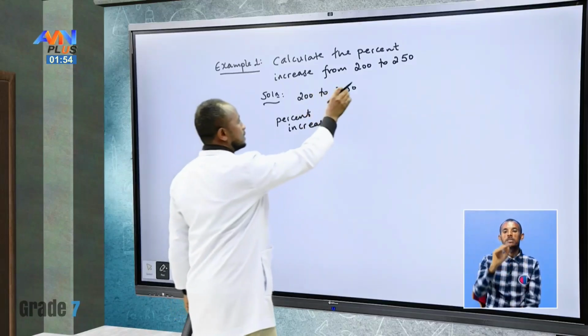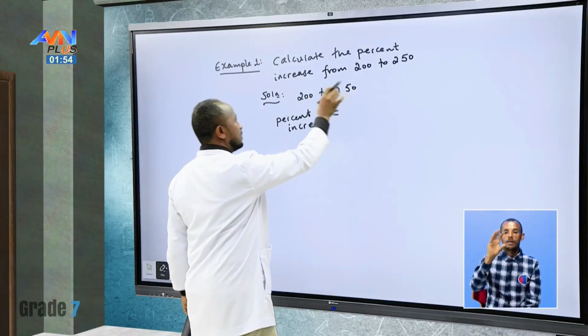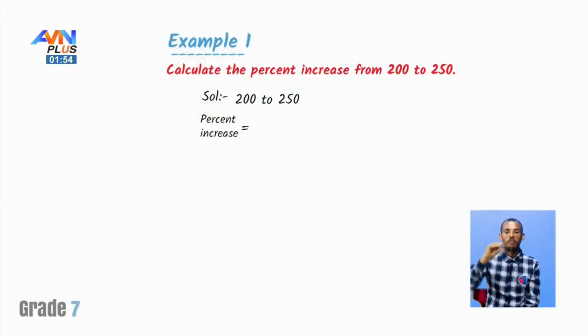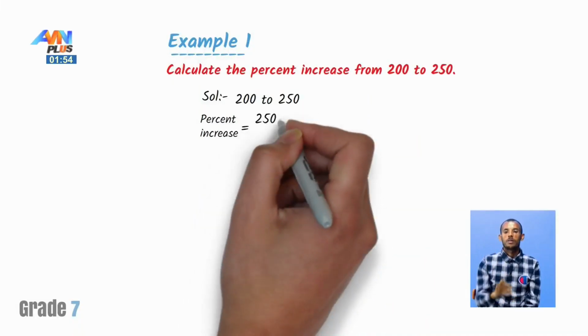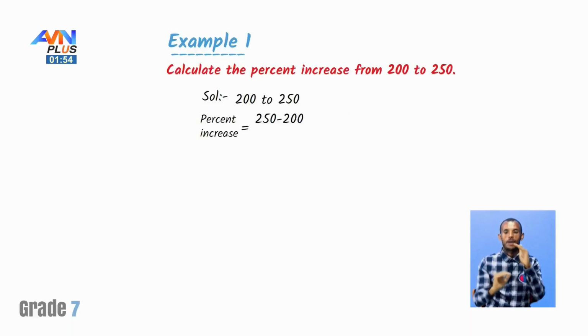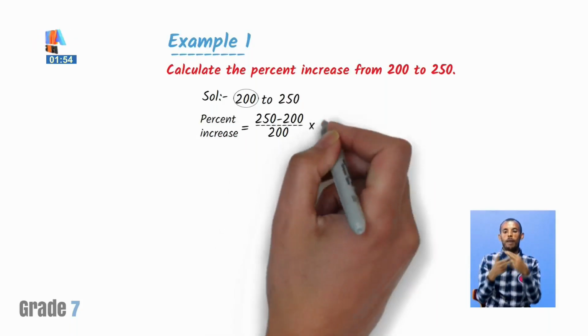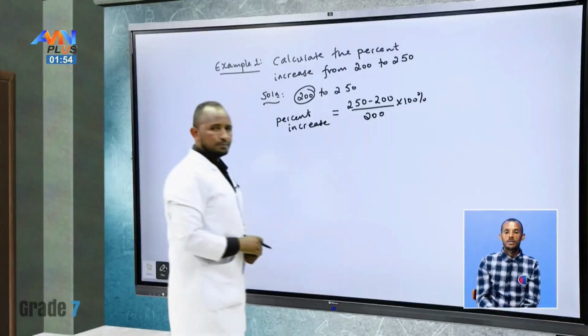Here 250 minus 200 gives you the increased amount. You divide by the original quantity, 200, and then multiply by 100%.